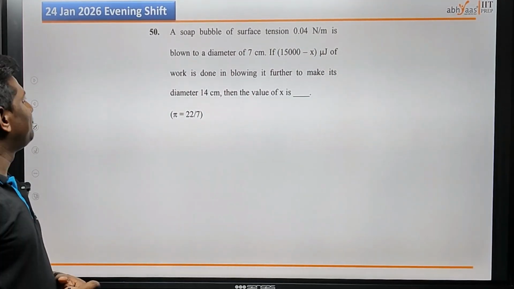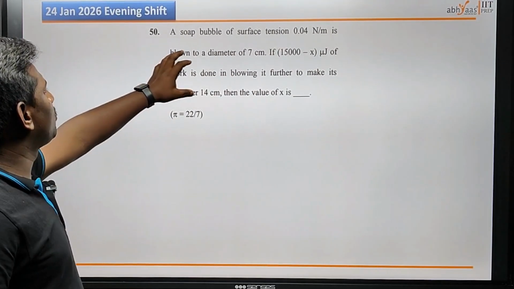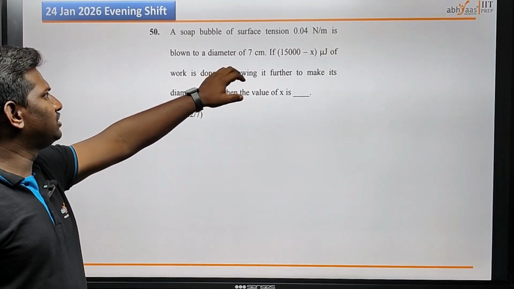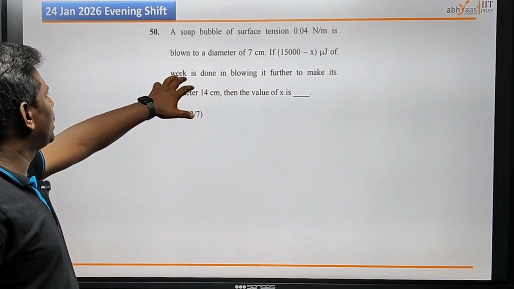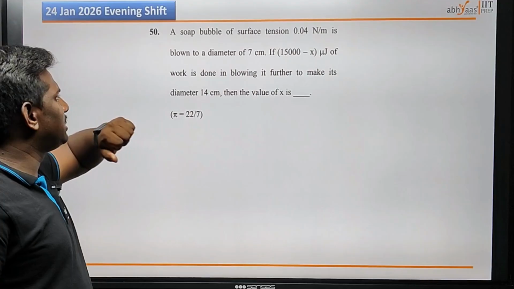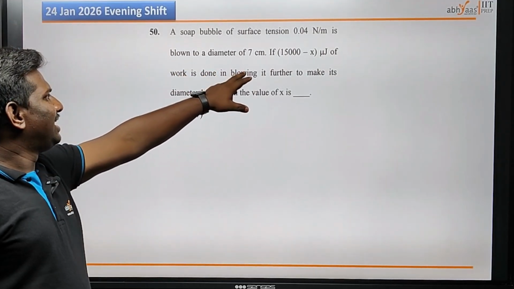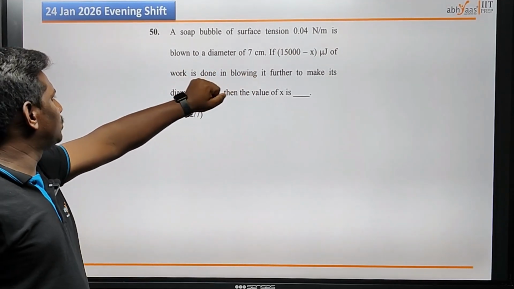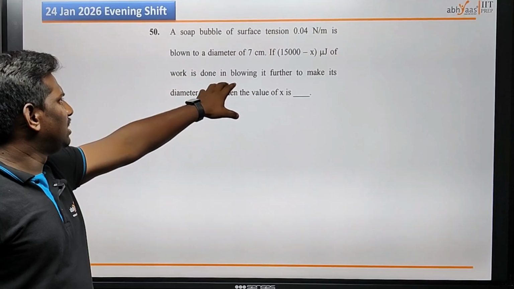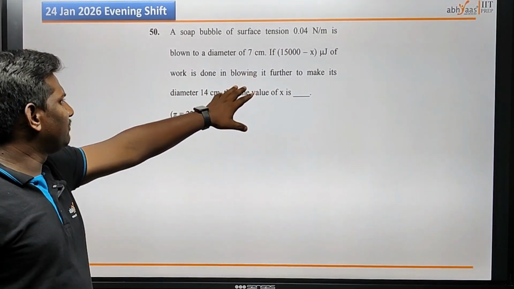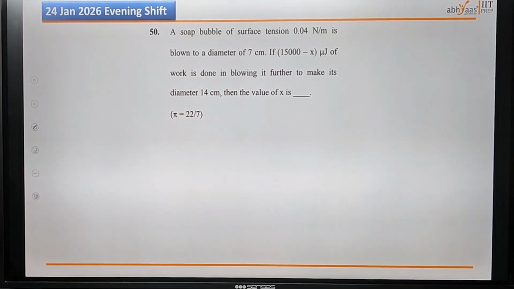Next one, see here. 50th question. A soap bubble of surface tension 0.04 newton per meter is blown to a diameter of 7 centimeters. If x microjoules of work is done in blowing it further to make a 14 centimeter diameter, find x.